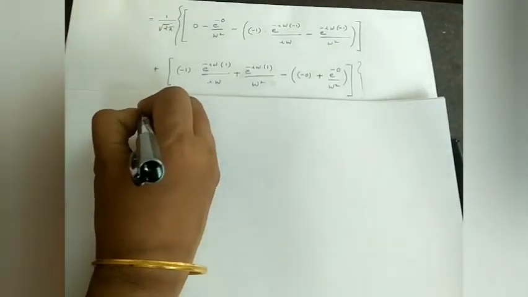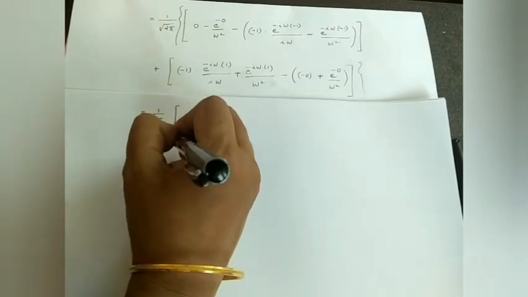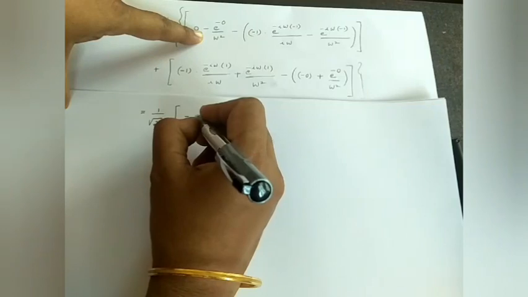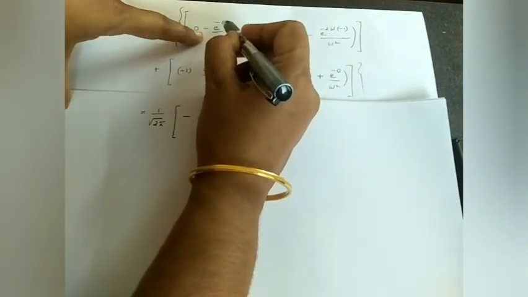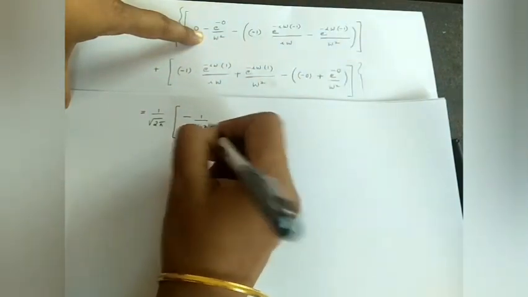Which is equal to 1 by root 2 pi into minus e raised to 0 is 1, isn't it? Minus e raised to minus 0 is 1. Okay, this term becomes equal to 1. So minus 1 by omega square.